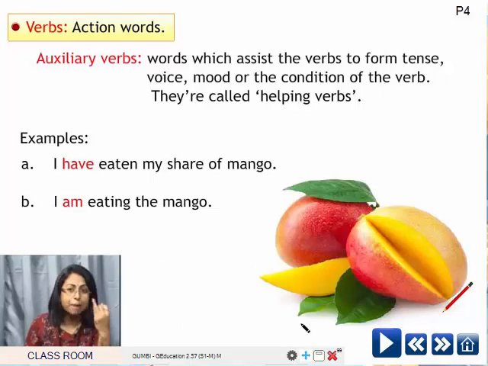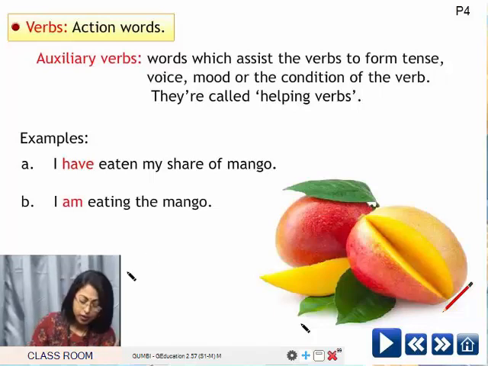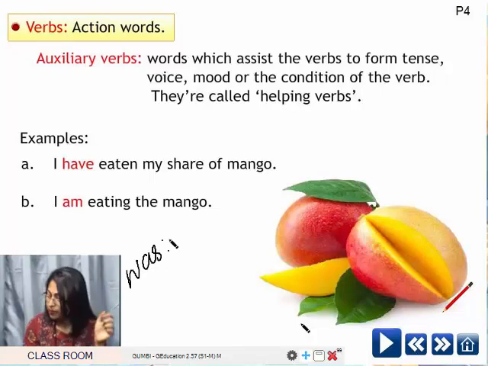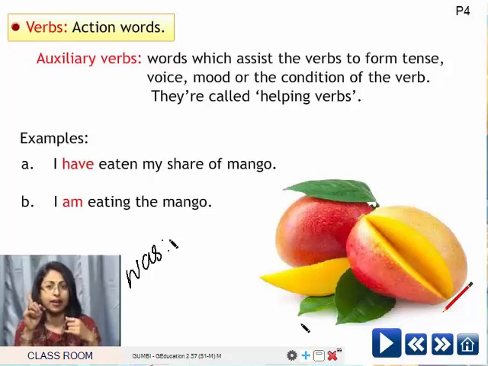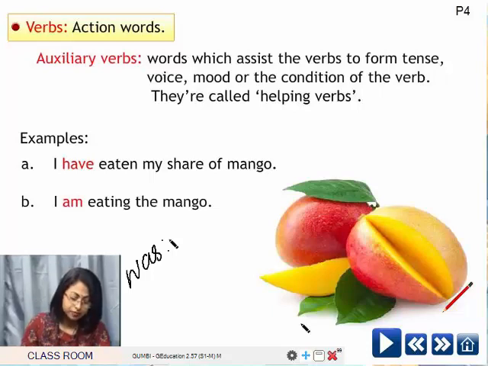Now we finished is, am and are. So let's have some more examples with was. Was would be your past tense. But here I told you I will be teaching you was and were as your helping verbs. So how will I use it? Give me an example.